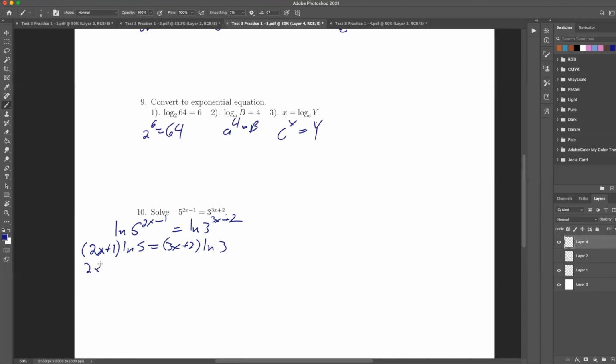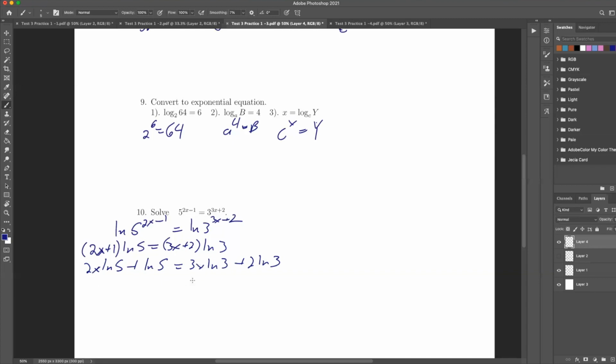So we'll have 2x ln 5 plus ln of 5 equals 3x ln 3 plus 2 ln 3. So I'm just distributing. Remember that ln of 5 and ln of 3 are just some numbers. We're going to leave them generic for now, but we'll look a little more like an x.